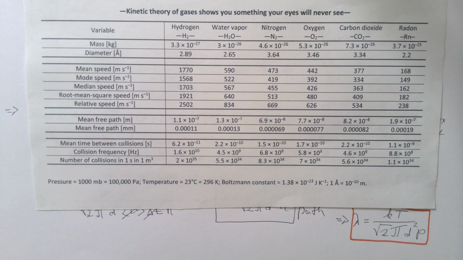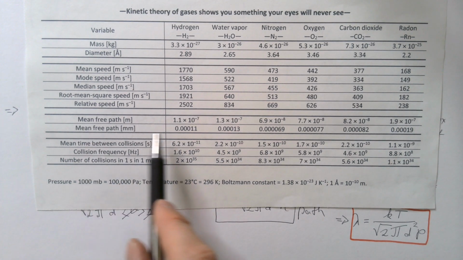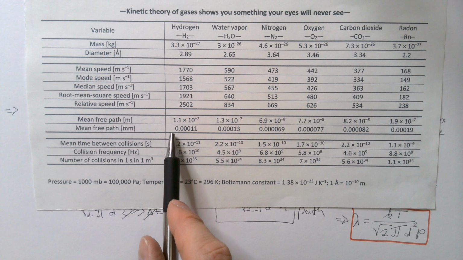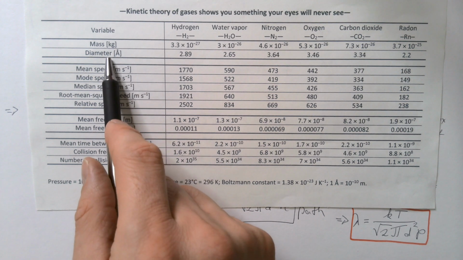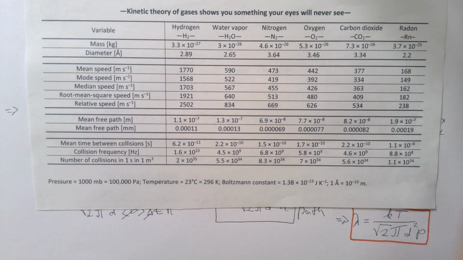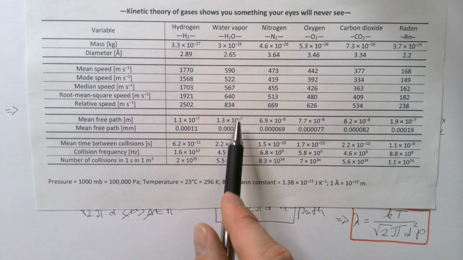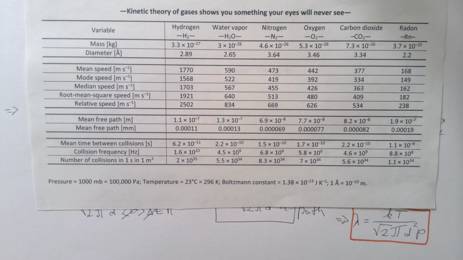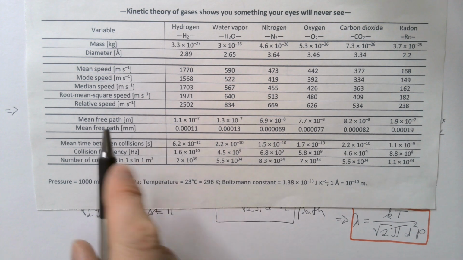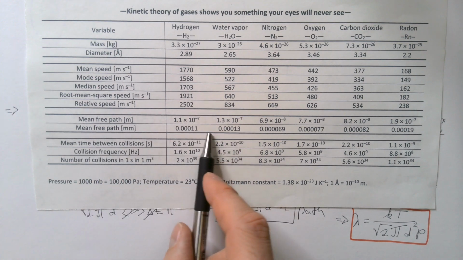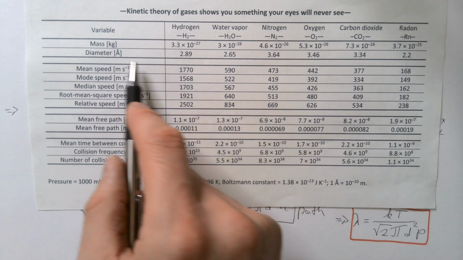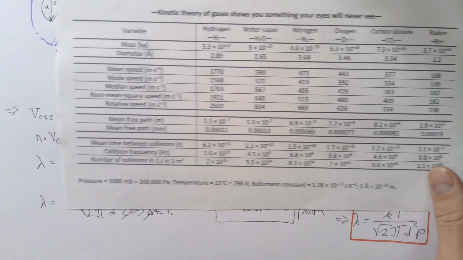And this is very important, because we said the main assumption of kinetic theory of gases is that on average particles are much further away than their size. And you can see that here this assumption is satisfied. That was the first assumption that I introduced in our series on kinetic theory of gases. So yes, mean free path, despite being very small, is still much larger than the diameter of these atoms.